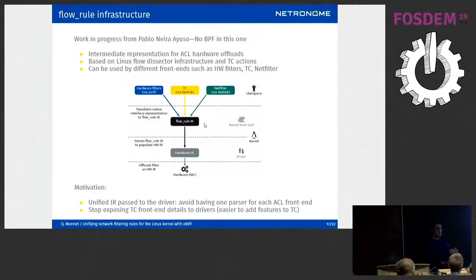And that could be used for offloads after that. So instead of sending all those different rules in different formats to the driver, you would have just one representation in this IR to send to the driver, and the driver would turn that into instructions for the hardware.